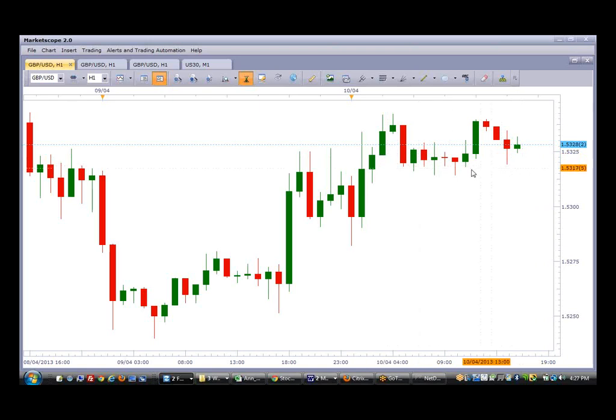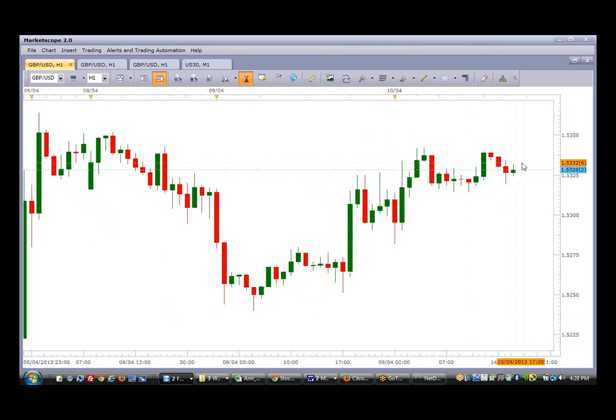Still, buyers are supporting this area right here, so they don't really want to drop further down. They also don't really want to go further past the supply area, so they took it down. It's just really consolidating between the demand and supply area at the moment, so there's no movement yet. We'll just have to wait till the market opens, see if there's any further continuation to the upside.